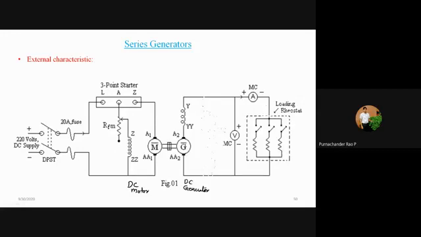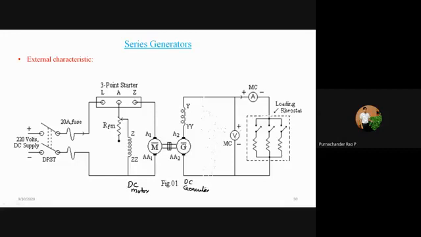Under no load condition, the current through the series field winding will be zero, and this voltmeter reads a small voltage, which is known as the residual voltage.